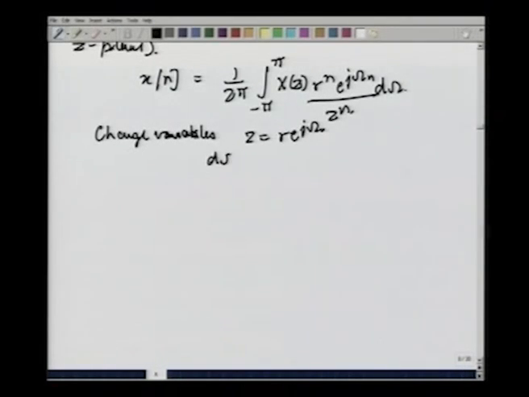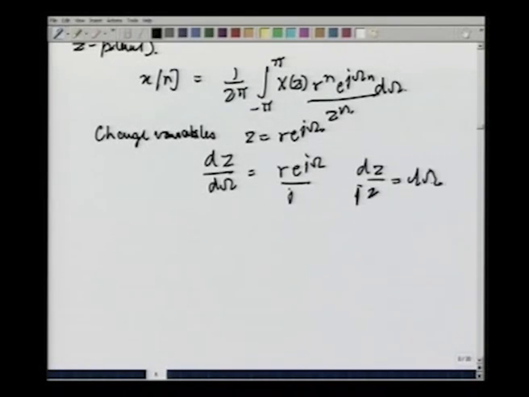So, dz by d omega equals r e to the j omega times j, that is to say that dz by jz equals d omega.